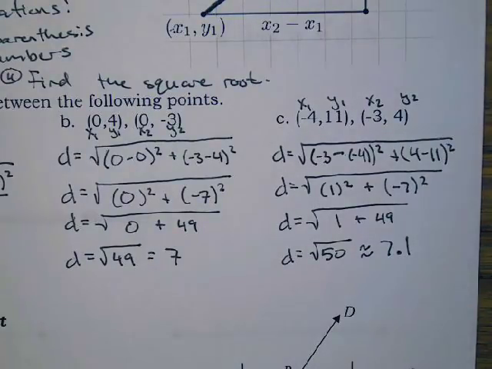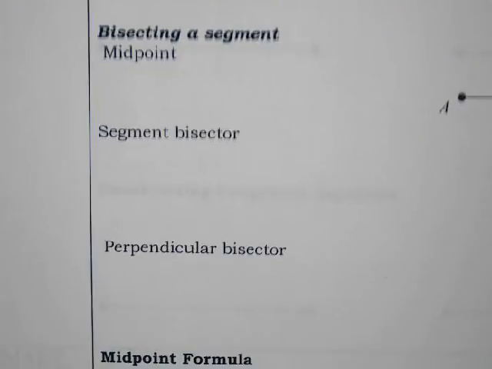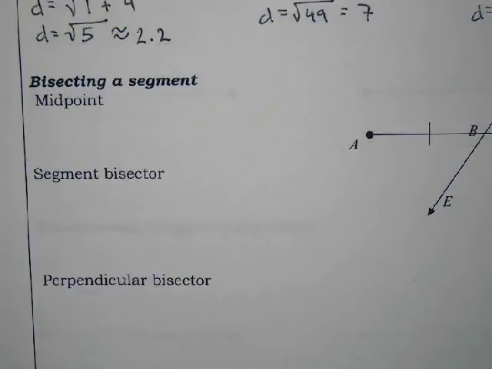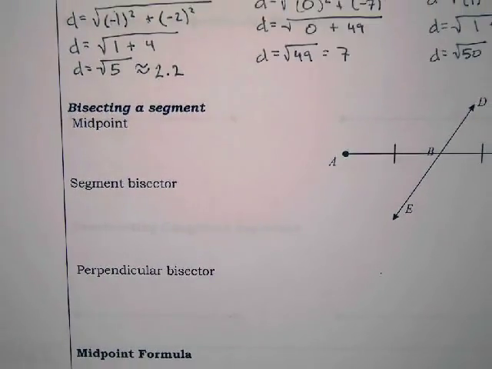Okay, so let's look at bisecting a segment. So first we'll want to talk about a midpoint. Well, a midpoint is the point halfway between two endpoints.